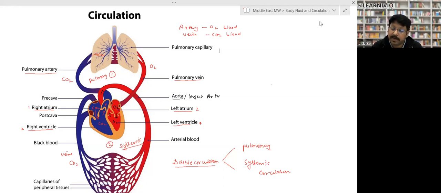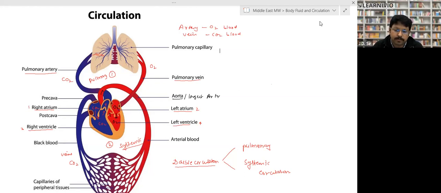Full stop. Next paragraph. Aorta takes oxygenated blood from left ventricle and supplies to all the tissues of organs with the help of artery.